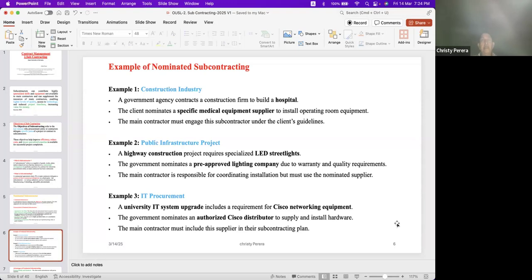Right. Example 1, construction industry. A government agency contracts a construction firm to build a hospital. Okay. The health department wants to start a hospital in Negombo, a separate branch of the hospital or separate hospital in Negombo, Chilaw, somewhere there, anywhere.